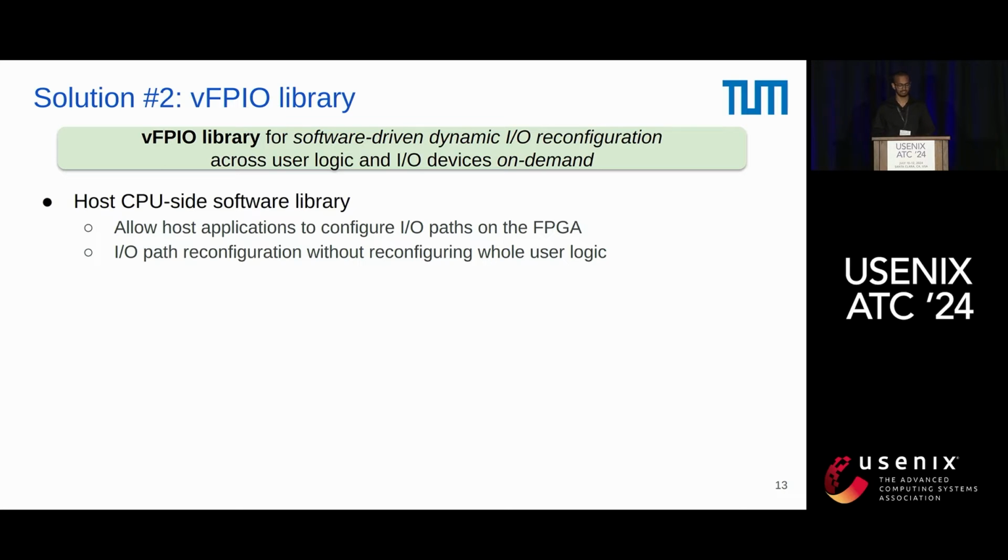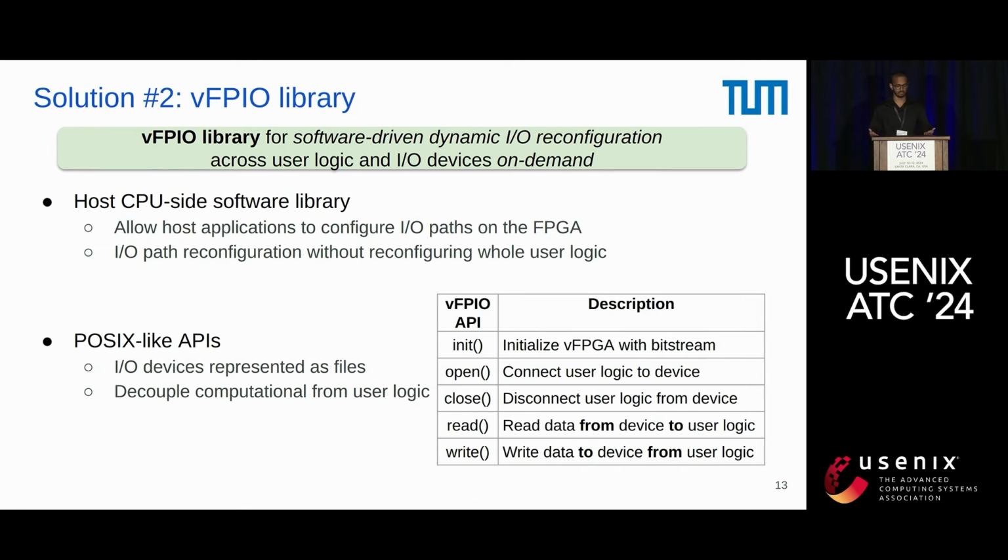This enables I/O path reconfiguration without having to reconfigure the whole user logic. Additionally, the library includes APIs wherein the I/O devices are represented as files, and so the interaction between the host-side library and the device is also represented as files.